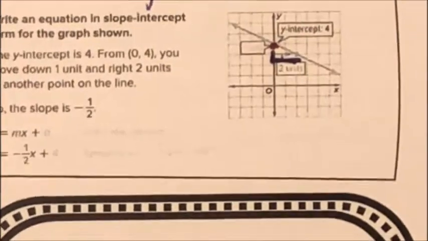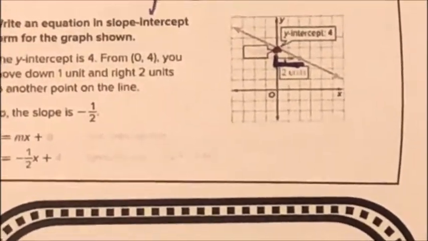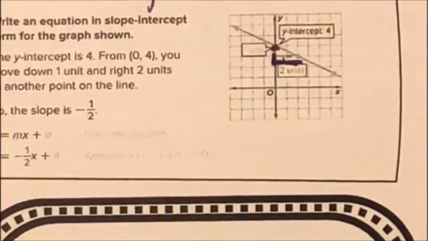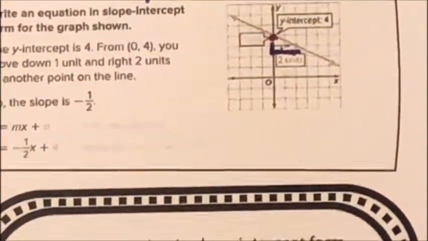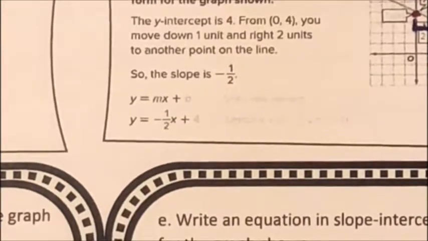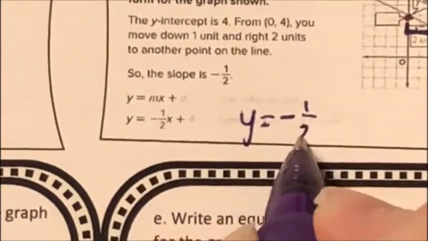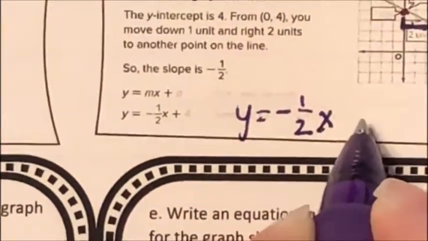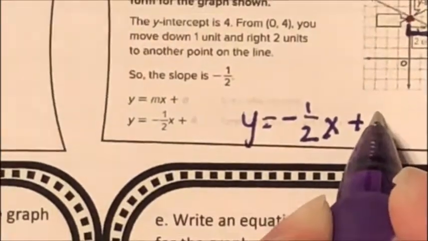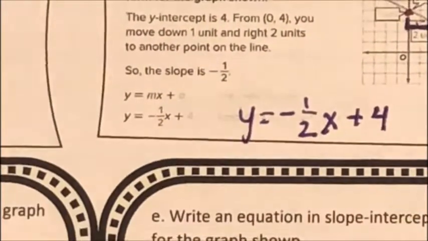So my slope is negative 1/2 because I moved down 1 and to the right 2. So that's where I get my slope from. Okay, so slope is negative 1/2. So then I plug in my equation and I get y equals negative 1/2 x plus 4.